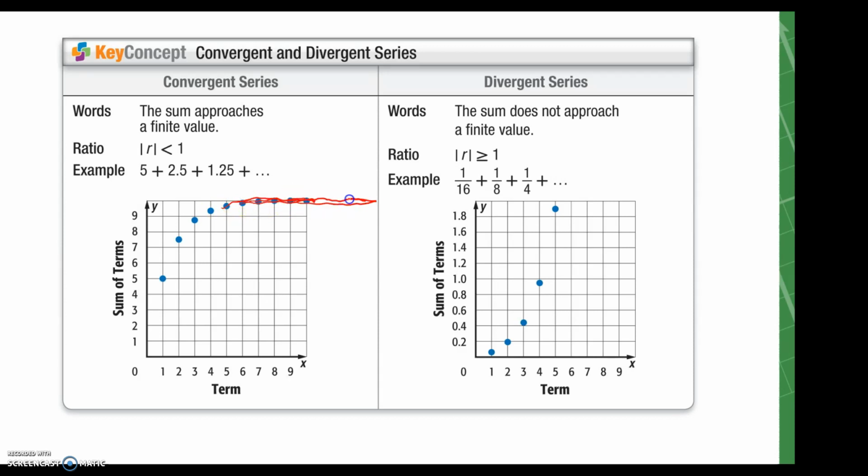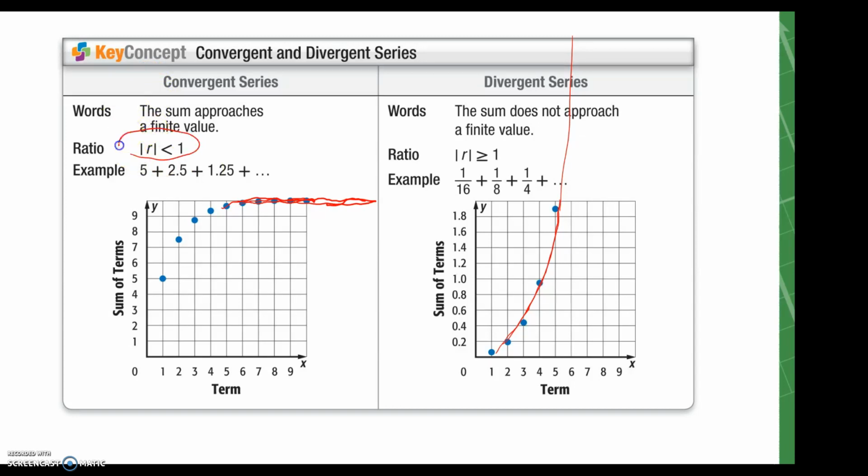It's converging onto the number 10. Whereas here, this is getting bigger and bigger. My y's are getting bigger and bigger, and it just keeps going. Here my x's continue, but they just keep getting bigger, and it's just going to keep going to infinity. So that is the example of both.